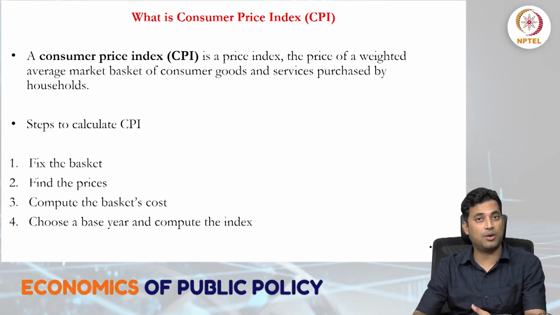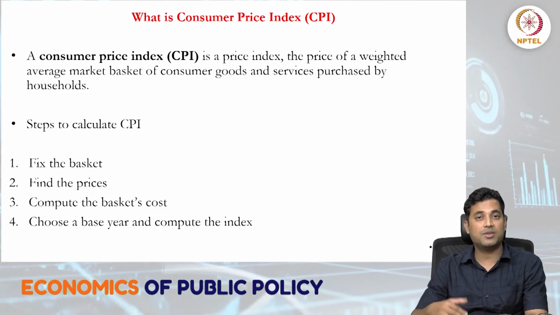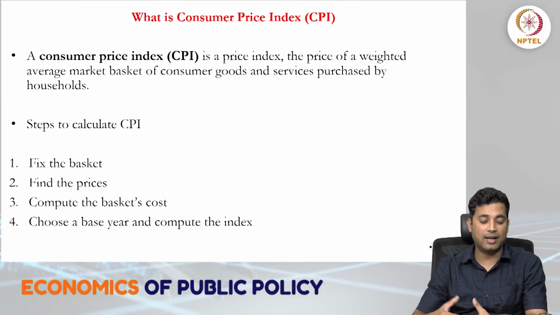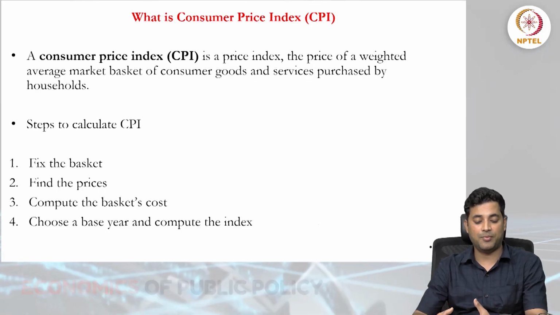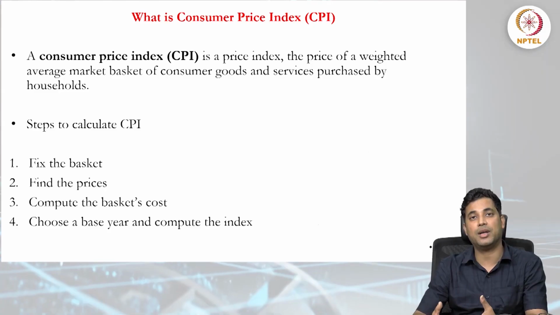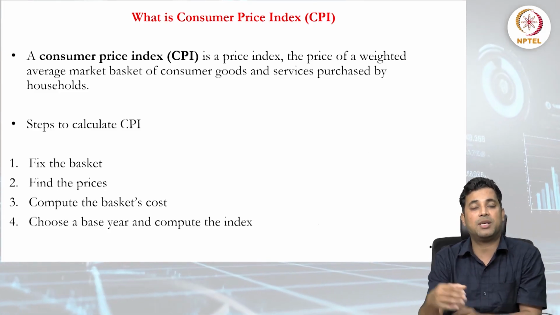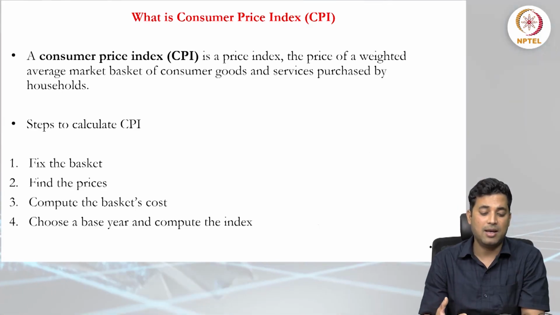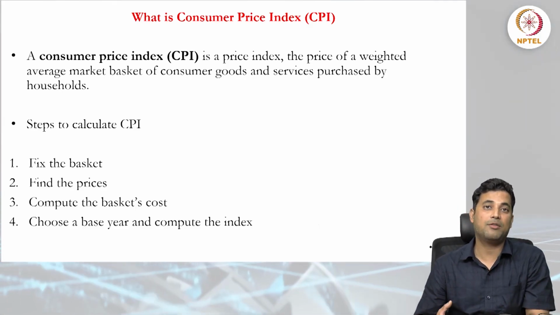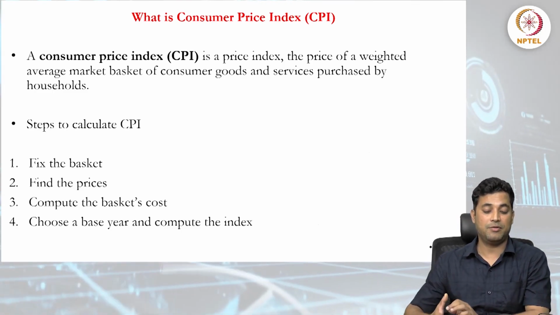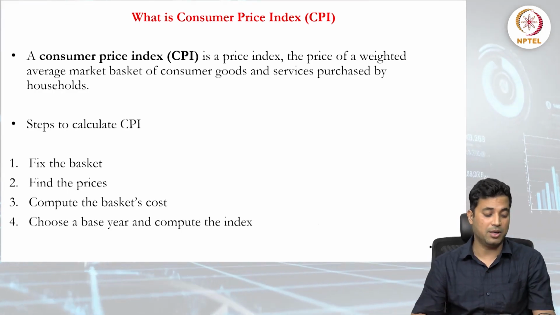Then find their unit prices, that is the second step, and then compute the total cost of the basket, and then choose a base year and compute the index. So this is how it is calculated. We will not get much into details because this is part of macroeconomics, but these tools are very important while framing economic policy in particular.